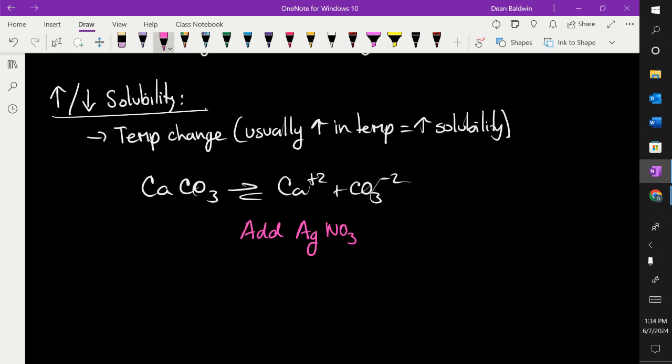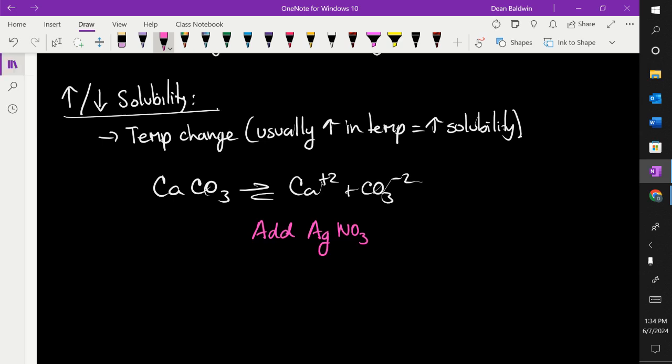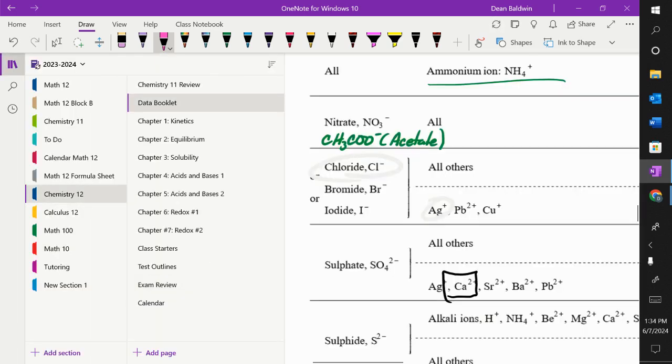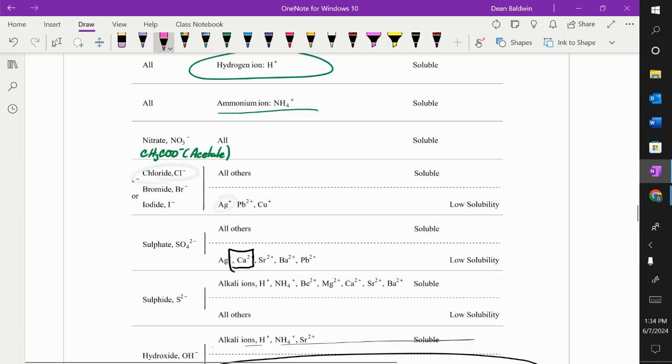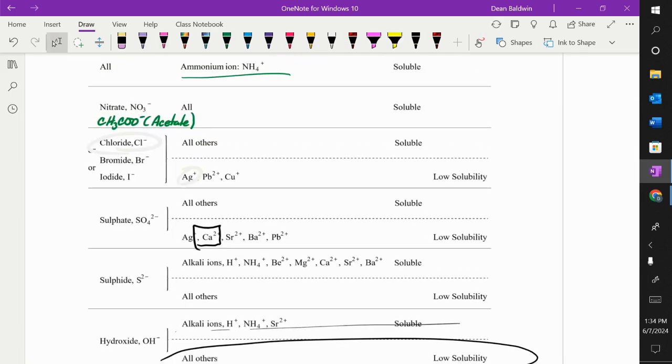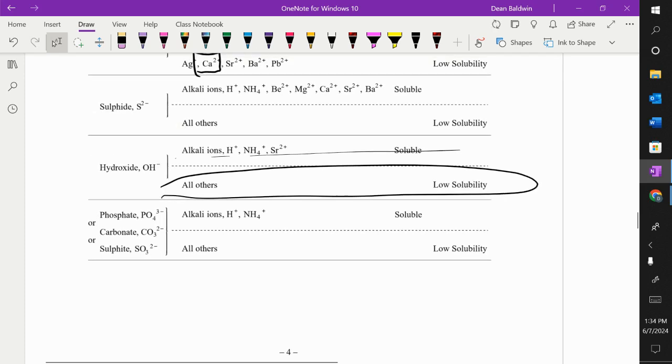So then you go to your data package. There's nitrate there. Does nothing, soluble with everything. We look down. Carbonate here is soluble with all the alkalis, protons, and ammonium, but everything else is low solubility.